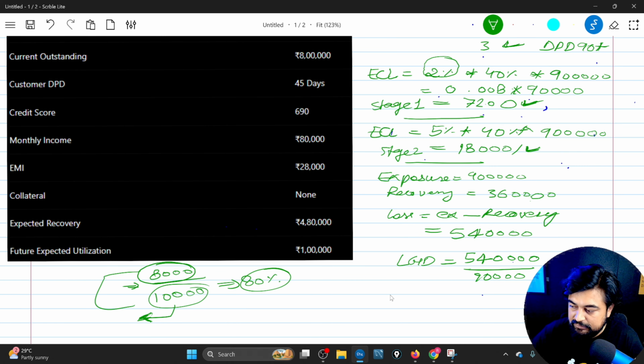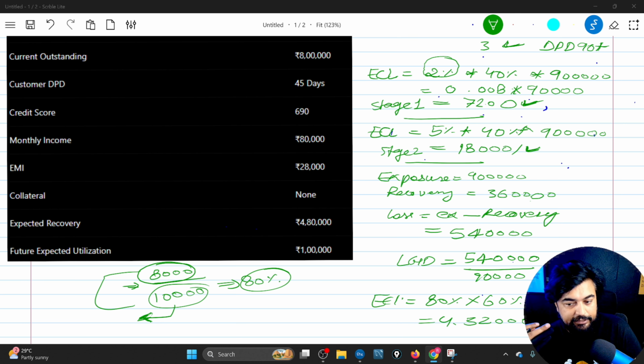Now the ECL for stage 3 will be what? 80% multiplied by 60% LGD multiplied by 9 lakh, okay? And the value of ECL will come close to 4,32,000 here. So this is your ECL for a stage 3 defaulted customer.